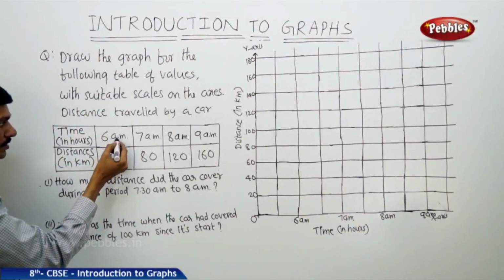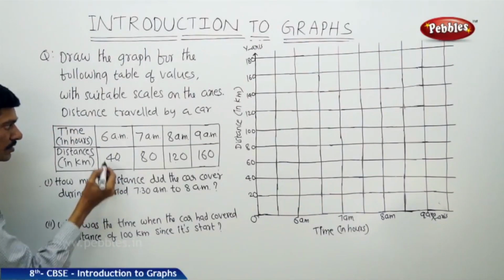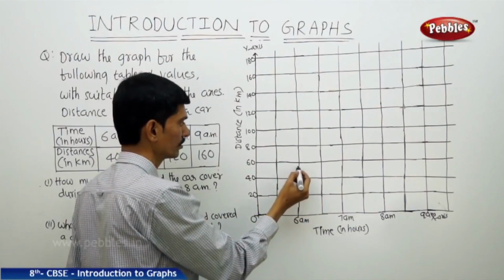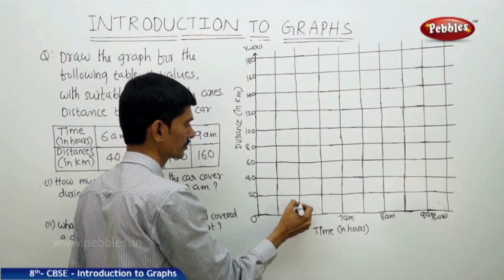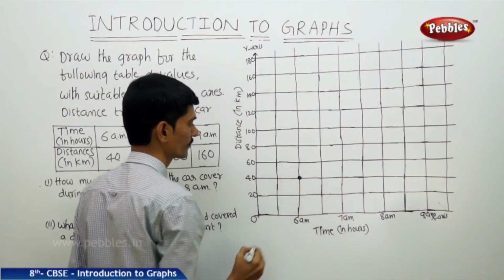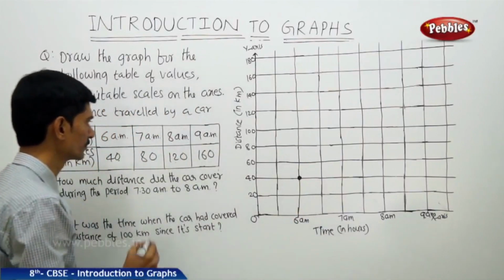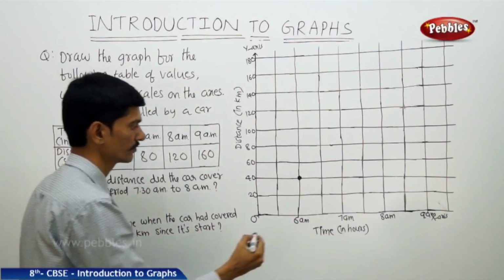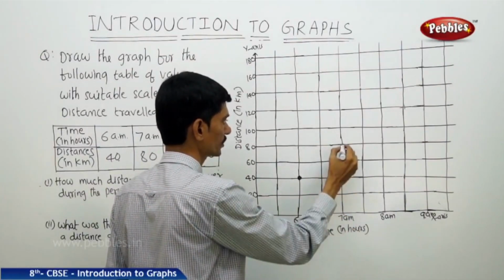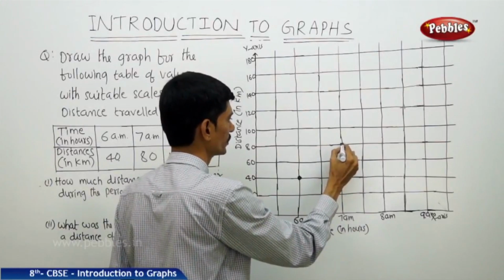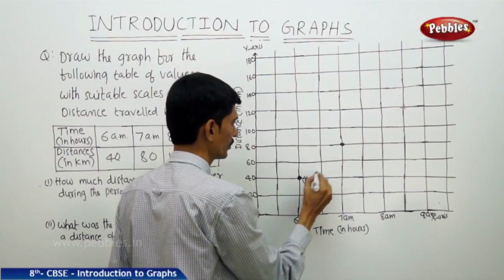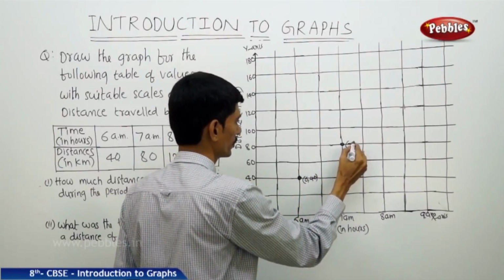Now we will plot the points. At 6 a.m. the distance covered is 40 kilometers. So we locate the point 6, 40. Next point is 7, 80. 7 and 80, these two lines will intersect at this point. So this is the point 7, 80.